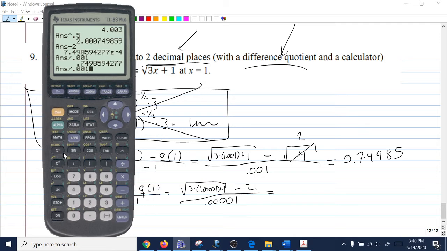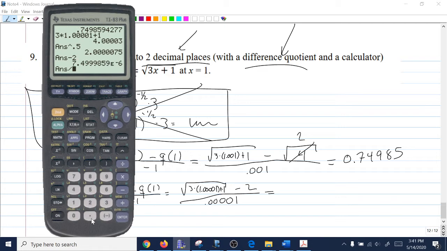This is one of these places where if I had typed it all out, I could probably just hit second enter a couple times and reuse all the typing. 1.00001 plus 1. Take the square root of that. Subtract 2.